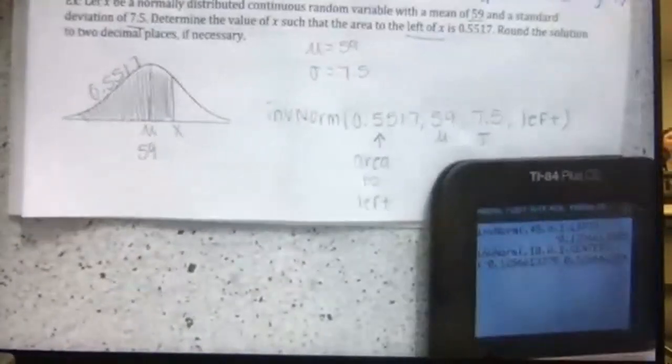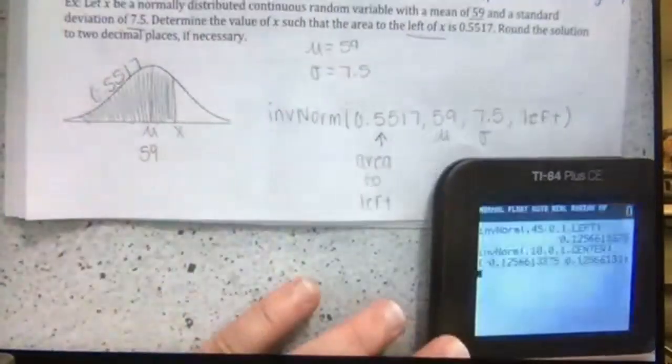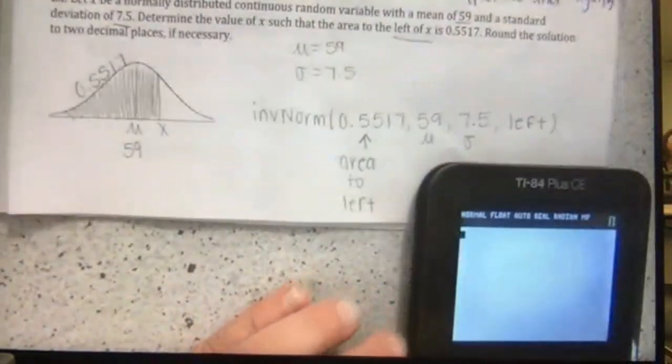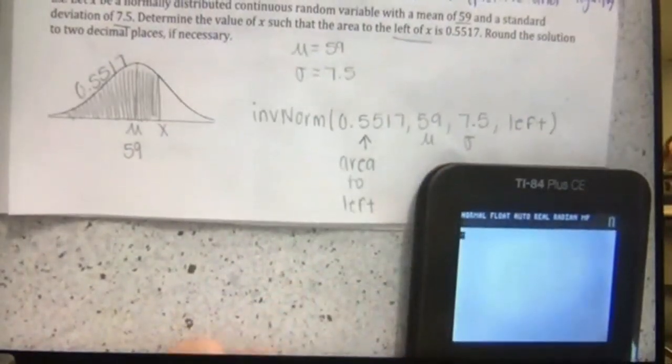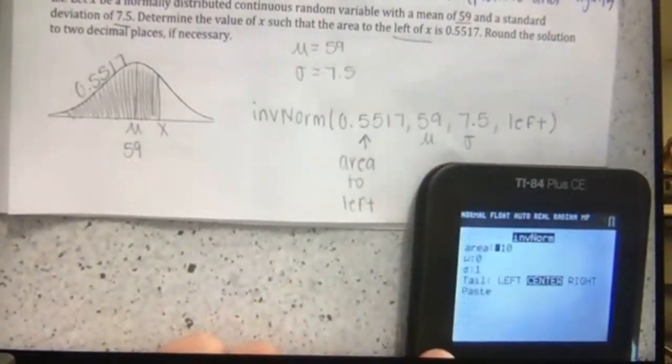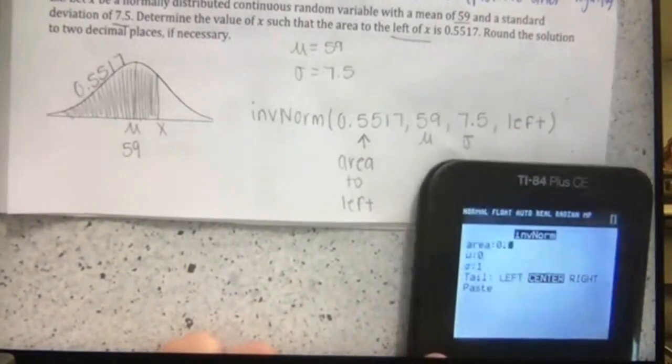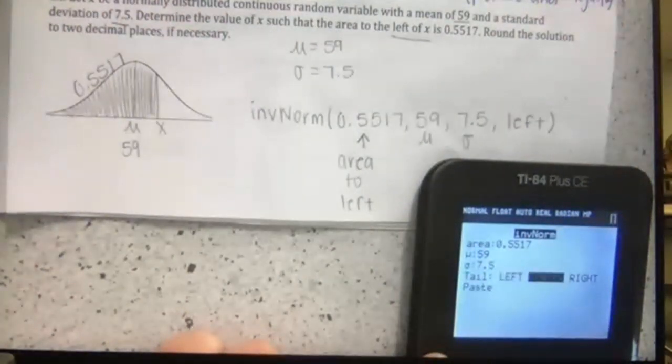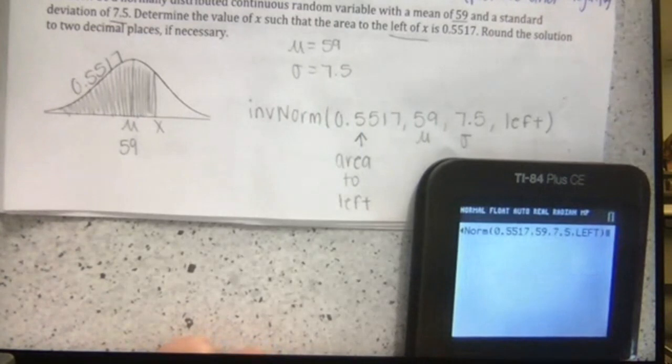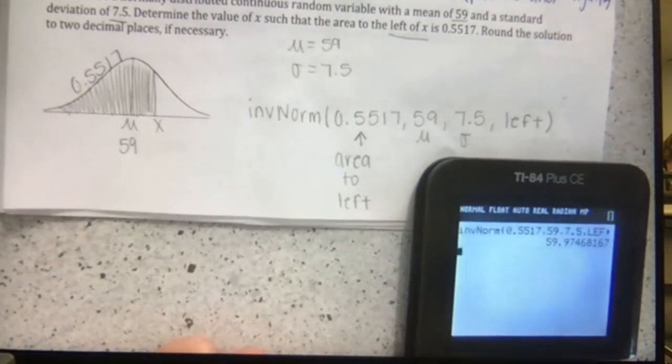Again, our calculator is worth every penny because it does all of the standardization for us. So second bars, inverse norm. Our area is 0.5517, our mean is 59, our standard deviation is 7.5, and we're looking at area to the left. Enter.